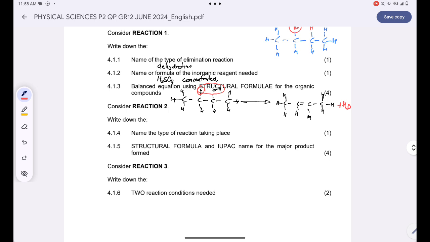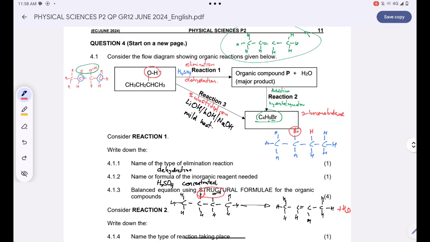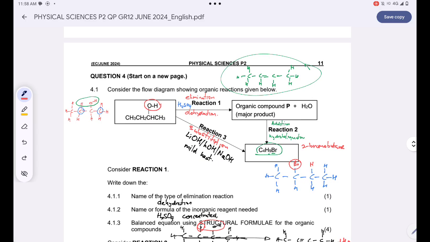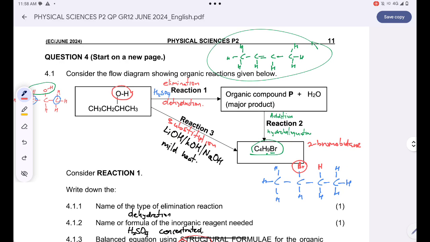We are told to write down the type of reaction that takes place. For reaction 2, guys, it's an addition reaction. We are moving from an unsaturated hydrocarbon to a saturated haloalkane. So that means we have undergone an addition reaction.